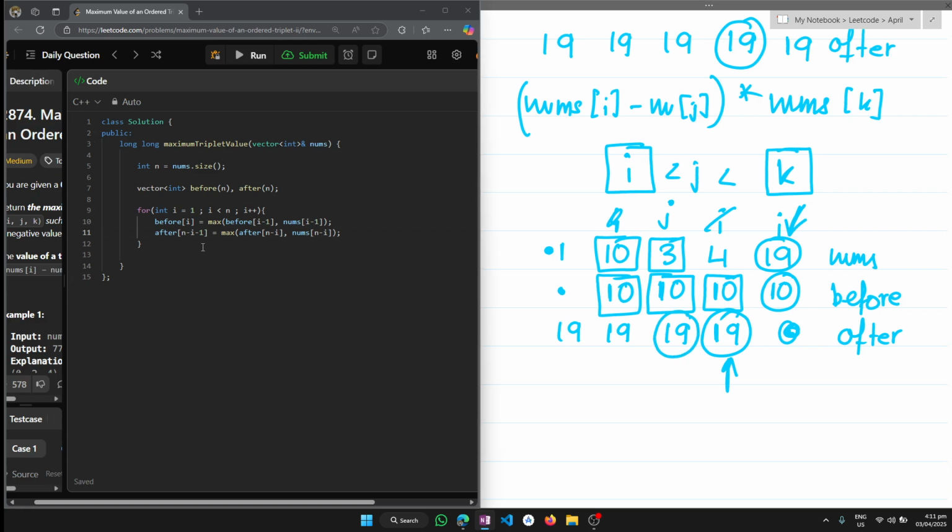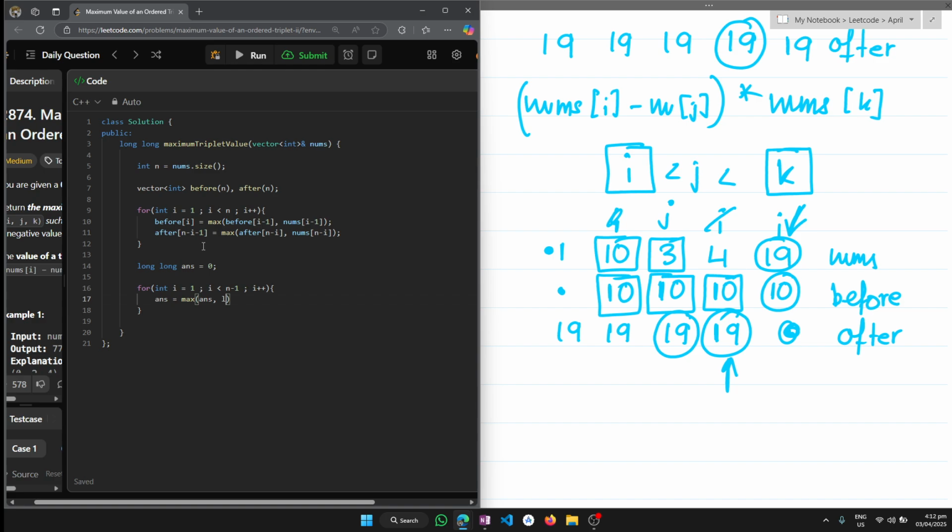Okay, now the question becomes very simple. I just take a variable ans, and then I iterate from 1 to n minus 1, and I keep incrementing my I, and I just calculate what the overall maximum answer is. Something like this.